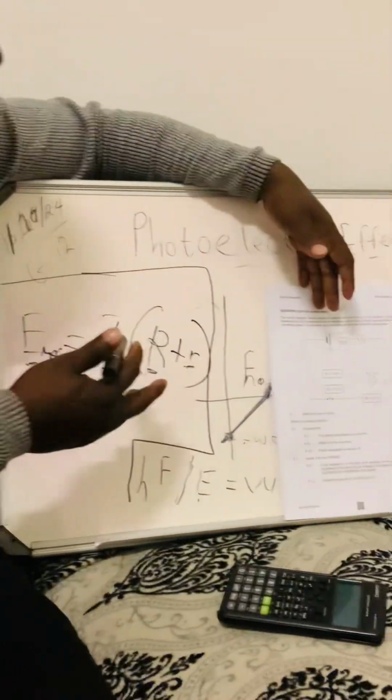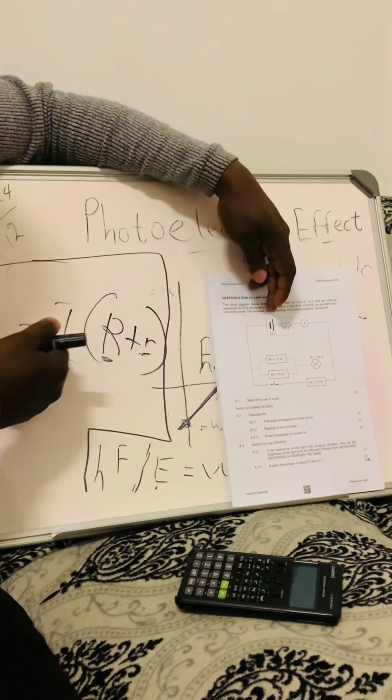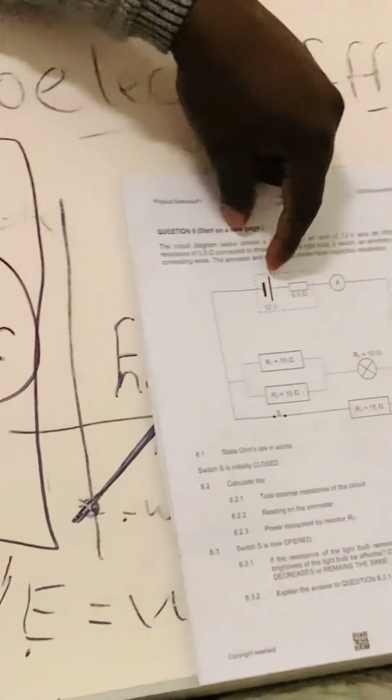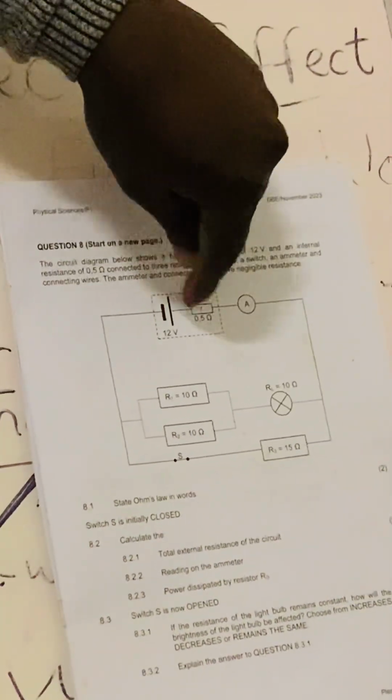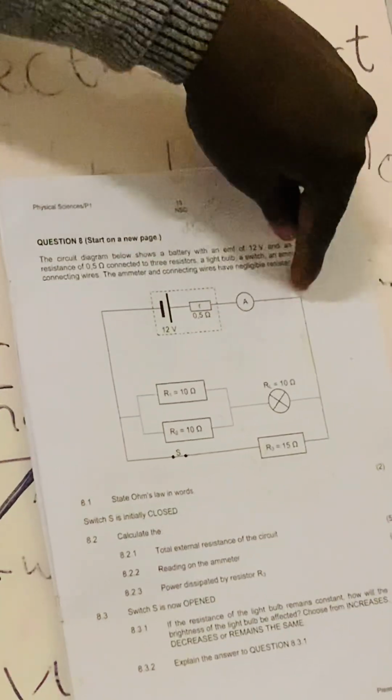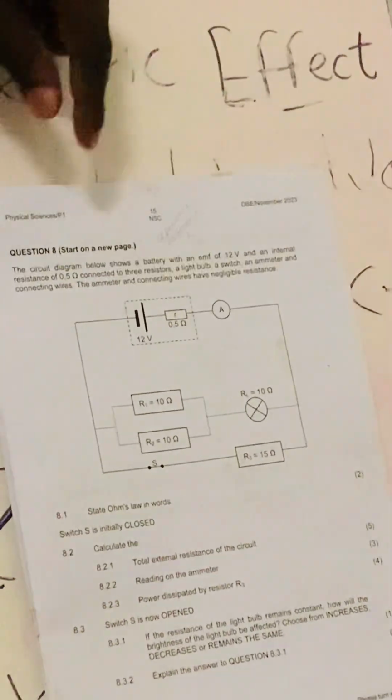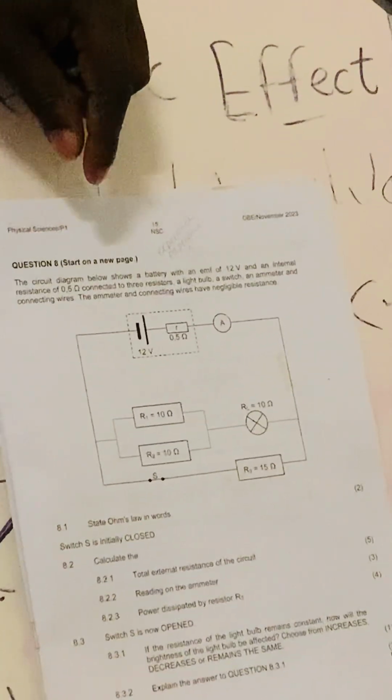Now, to solve this question, you must know that the internal resistor is in series with the external resistors. So they are going to use the same current. That's the secret that you must understand. That's the trick that you must be able to overcome.